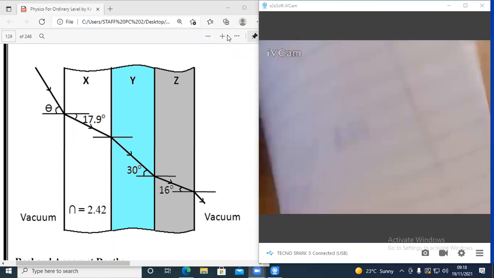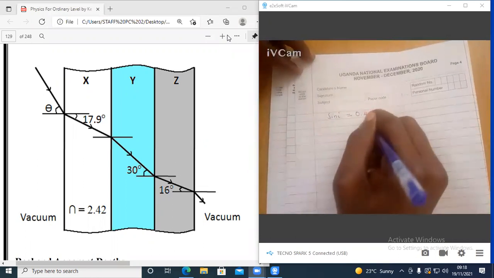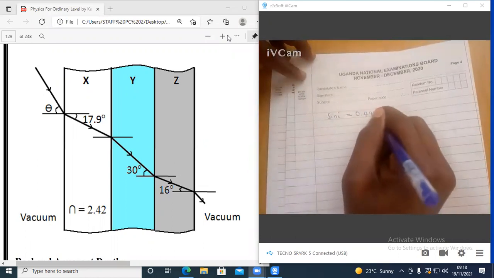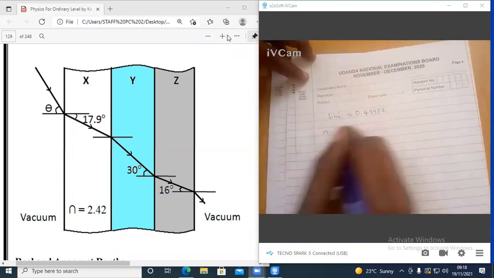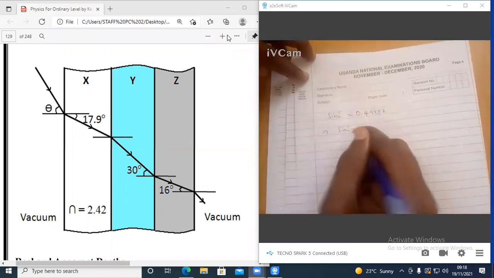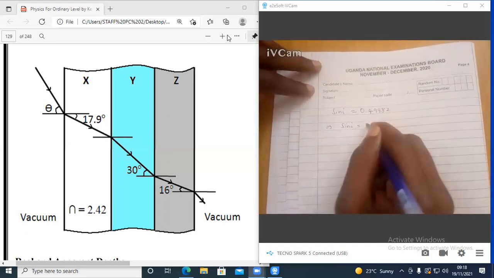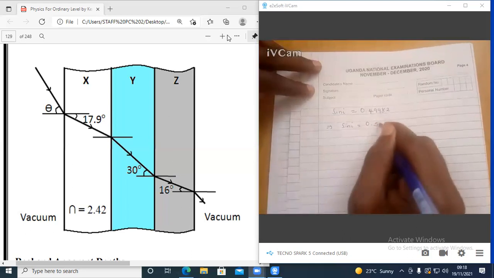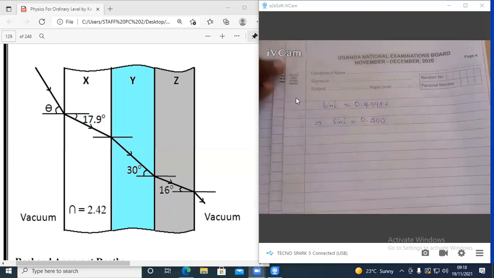So there we shall have 0.499982. But we said we have to round it to 3 decimal places for calculation purposes. So when you round it to 3 decimal places, you shall have 0.500, if you round it off correctly.